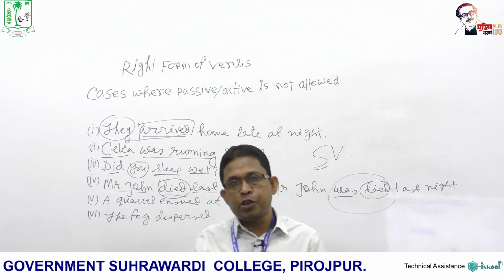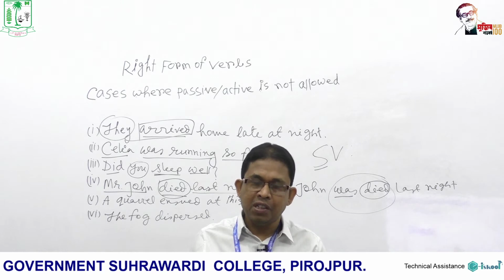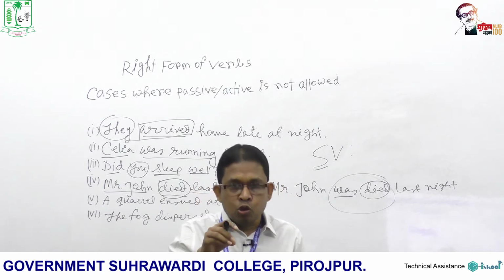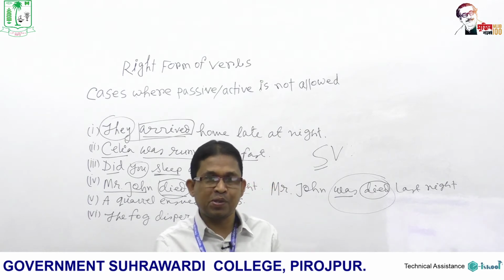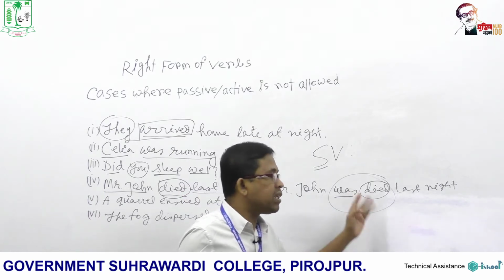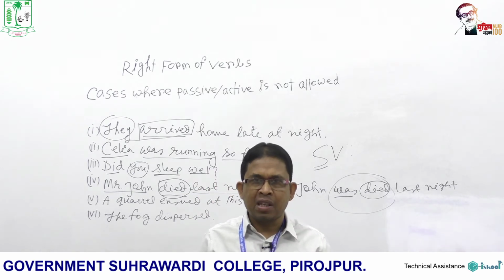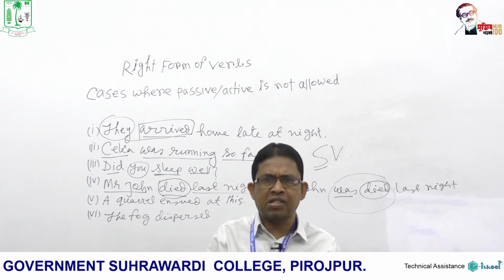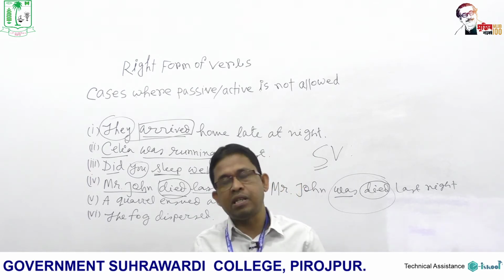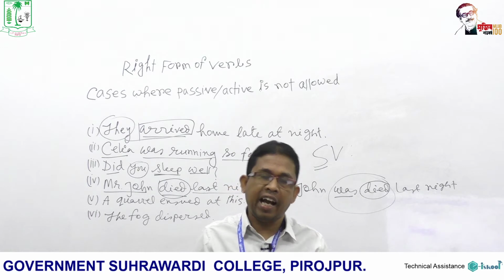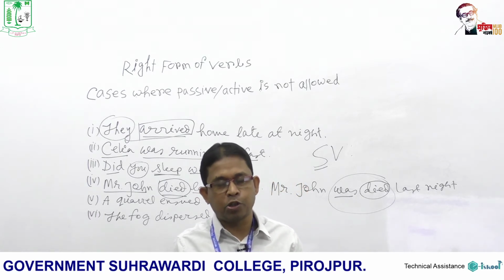So, an auxiliary verb plus the past participle form of the main verb. This is the rule for the basic structure of the passive sentence. Sometimes the auxiliary in a passive sentence can be silent, can be understood, can remain absent, but indirectly passive auxiliaries are there, and we can understand that there is an auxiliary verb.